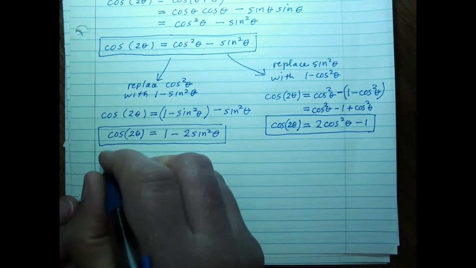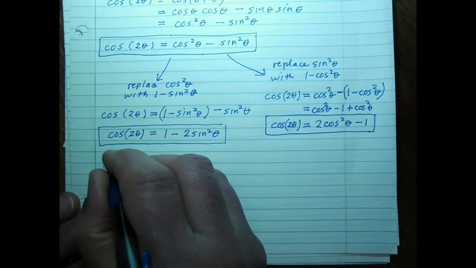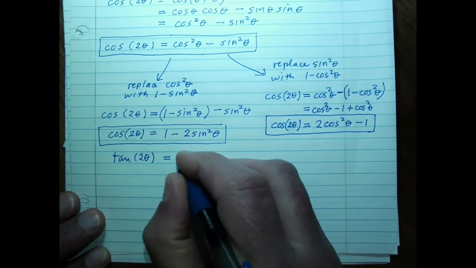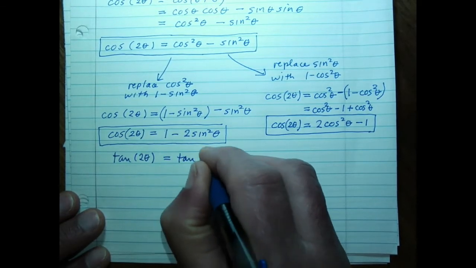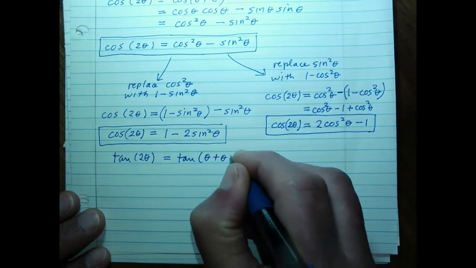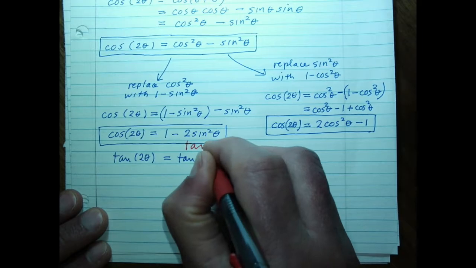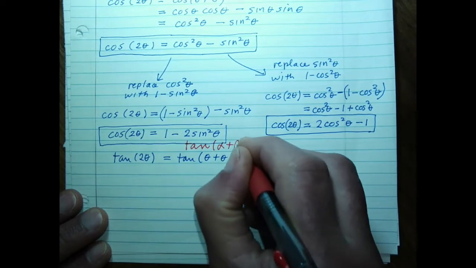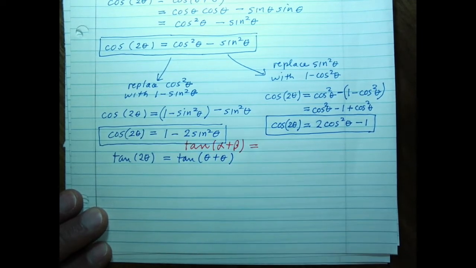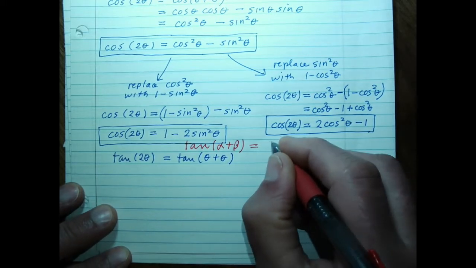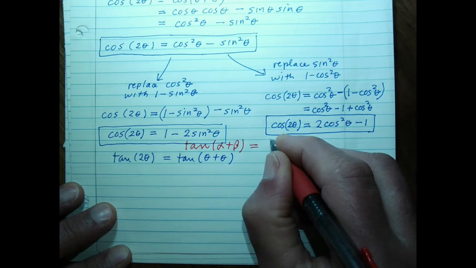Now I want to do one more. I want to derive an identity for tan 2 theta, which I can think of as tangent theta plus theta. And so I'm going to rely on my tangent of alpha plus beta identity. And remember, we derived that, I think, at the end of the last section.